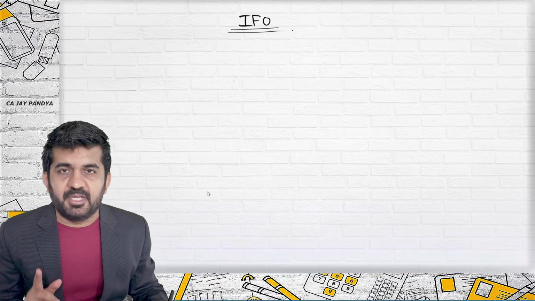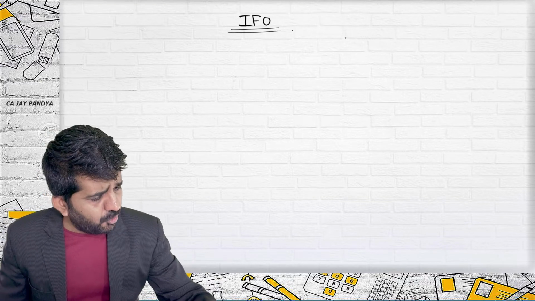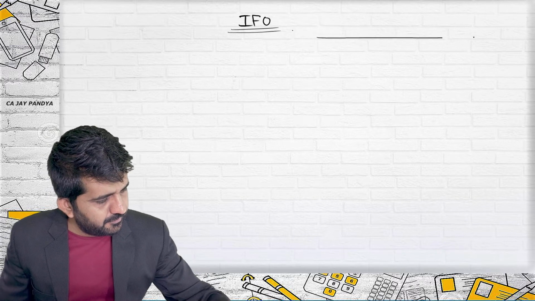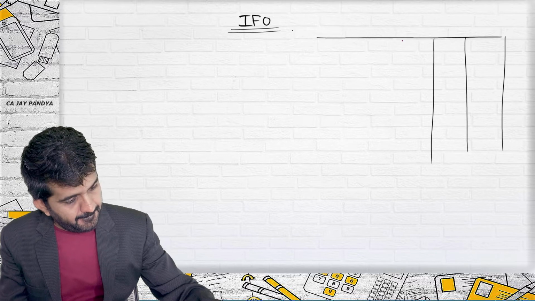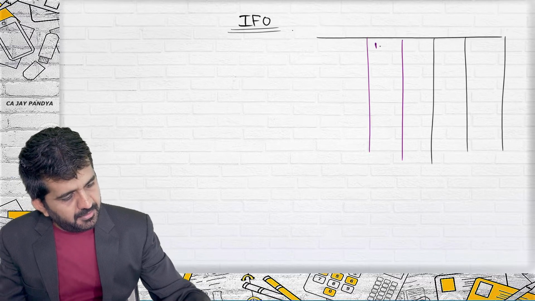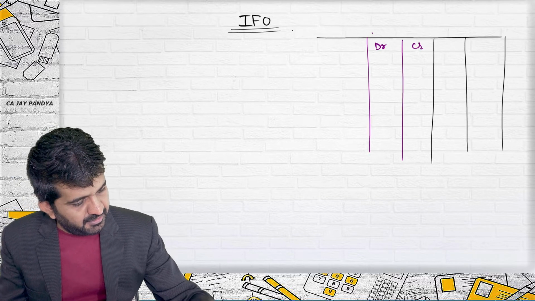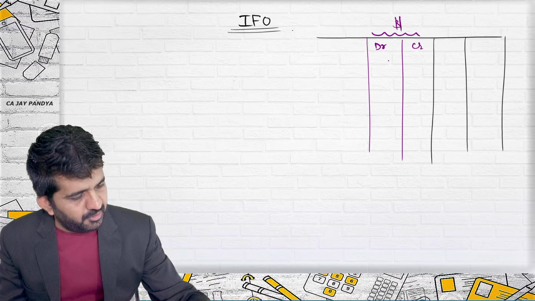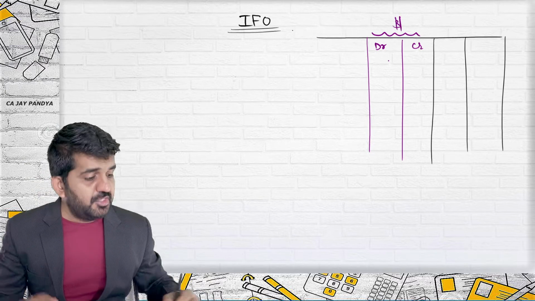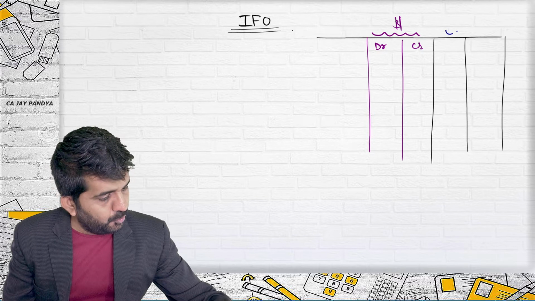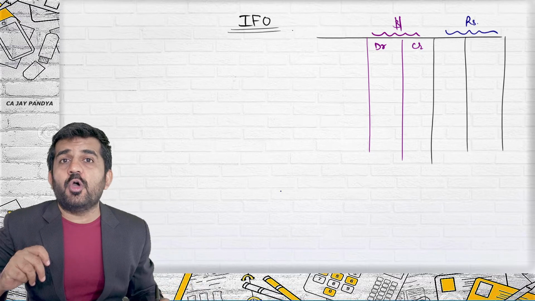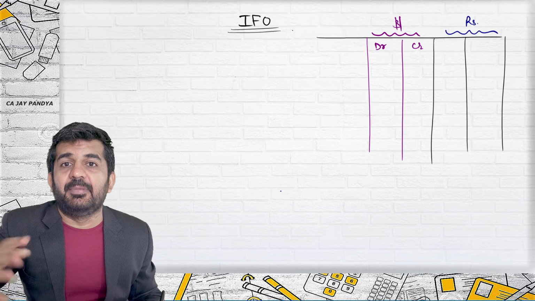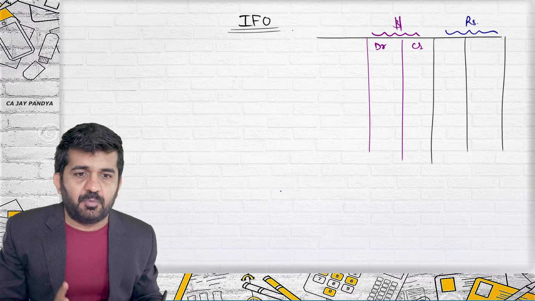Let me draw a small trial balance even. Debit, credit, but these are in dollars, which should be converted into rupees. So at which rate will it be converted?